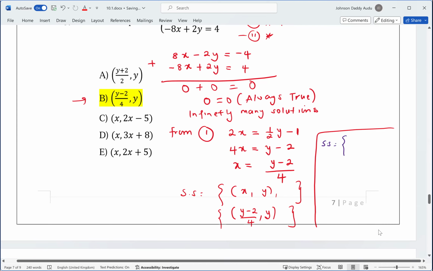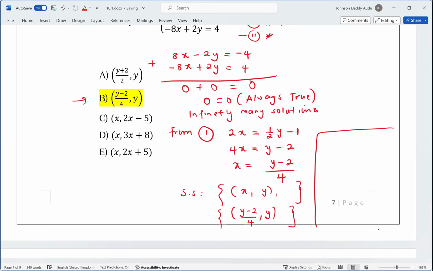If you look at this, I can say that y is 4x plus 2. So instead of writing our solution as x comma y, I can write it as x, then in the place of y, I just put 4x plus 2. So this will be another solution.